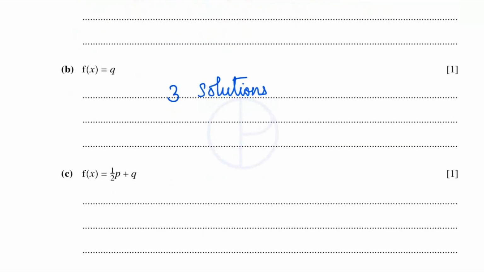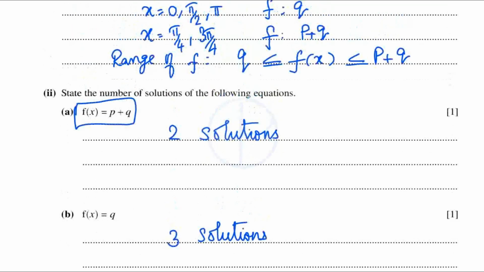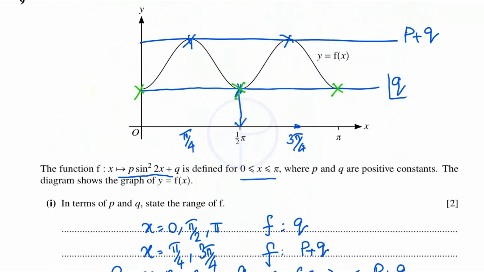Next is f of x equal to 1 over 2 of p plus q. Okay. And this is q and this is p plus q. That means the difference, this distance, is p. So now we want half of p, which is nothing but the midpoint.